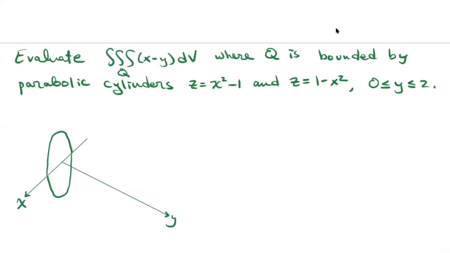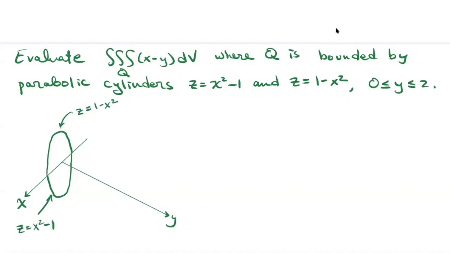Okay, so the top one is z equals 1 minus x squared. And of course, the bottom is z equals x squared minus 1.